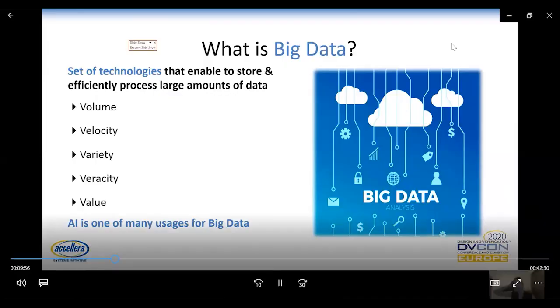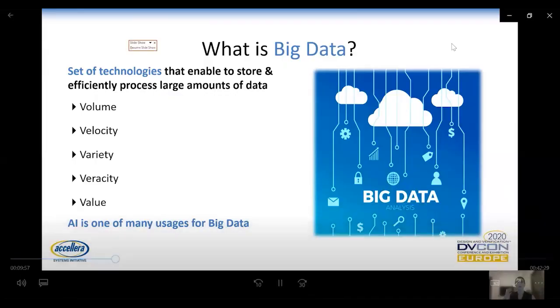The most intuitive thing, when we're saying big data, is to think of the size of the data, but it's not the only parameter that defines big data. There are what we call the 5 V's that describe different characteristics of data, all of which fall into the category of big data.